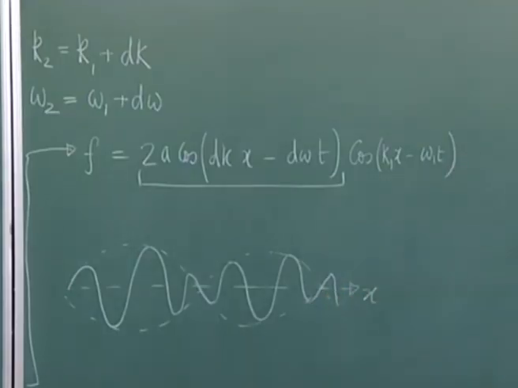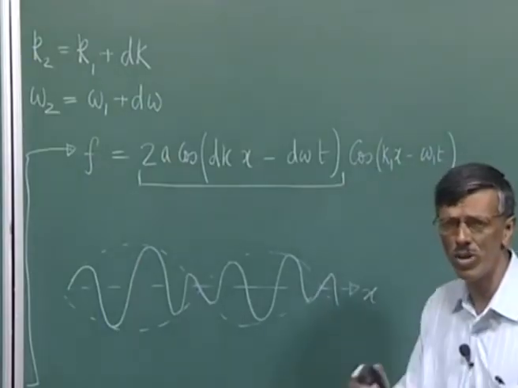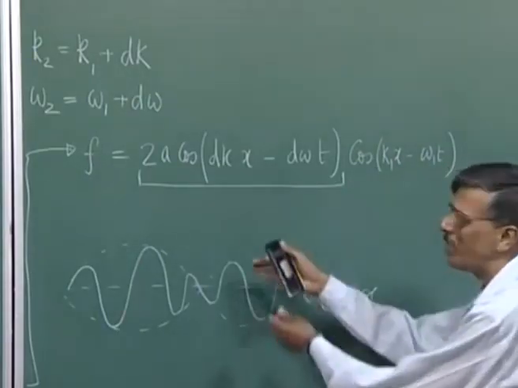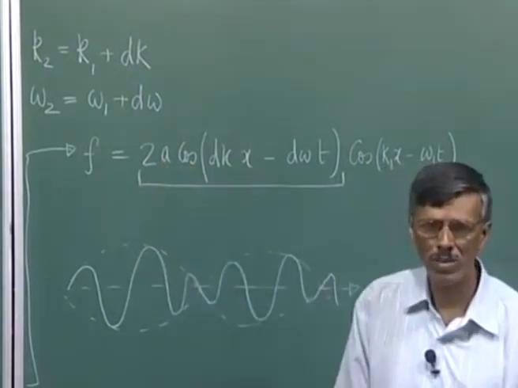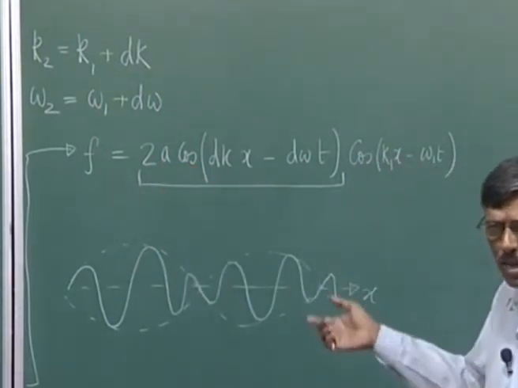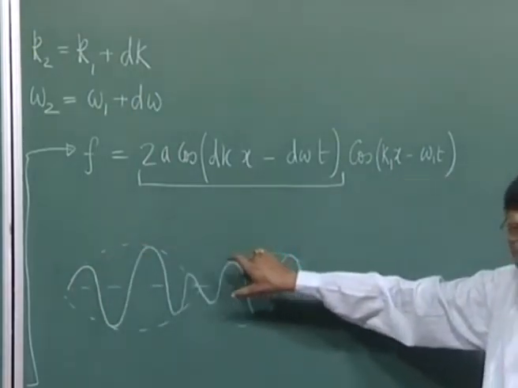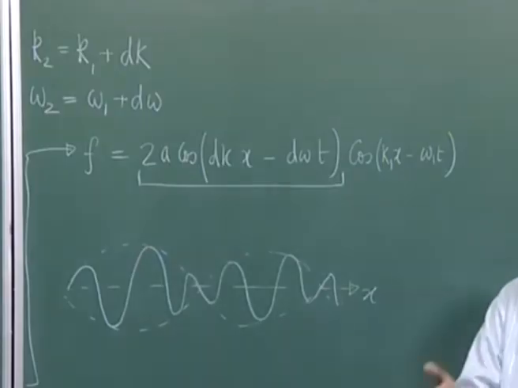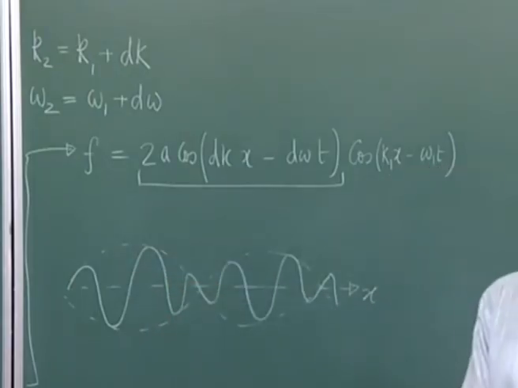So what is happening? The original waves, which are very close to each other, individually vary between plus minus a, but their combination varies between plus minus 2a.